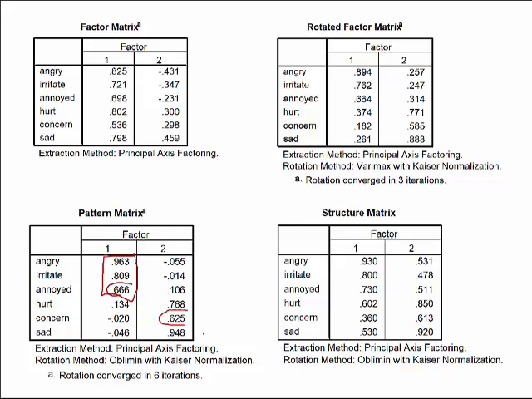If we use that 0.55 cutoff, they're still definitely higher than that, but not quite as high as we saw with the principal components analysis. Again, that follows the same principle I talked about: when we do factor analysis, our factor loadings are likely to be a little bit smaller than if we do a principal components analysis. So that is everything I have on exploratory factor analysis.